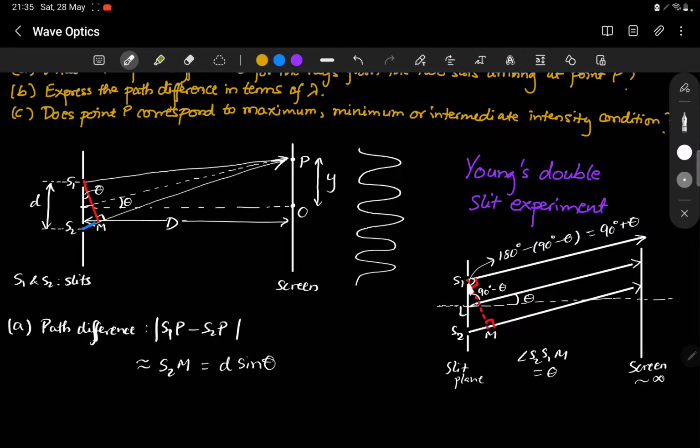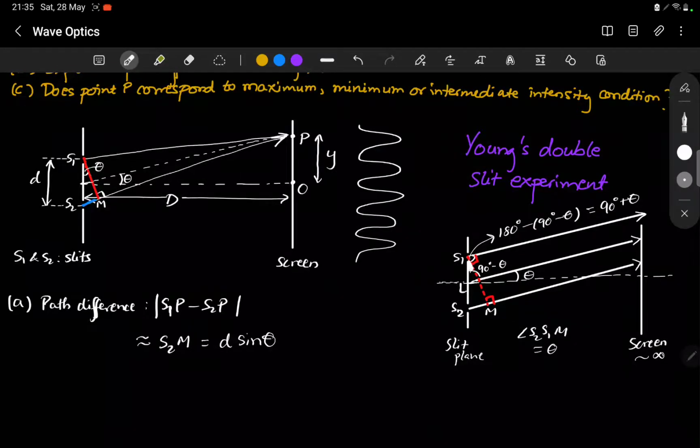Now when the screen is at a much greater distance as compared to the slit separation, then we can use the small angle approximation.